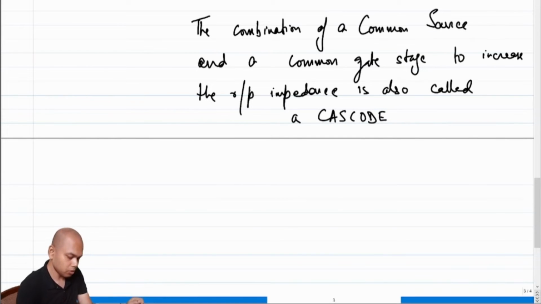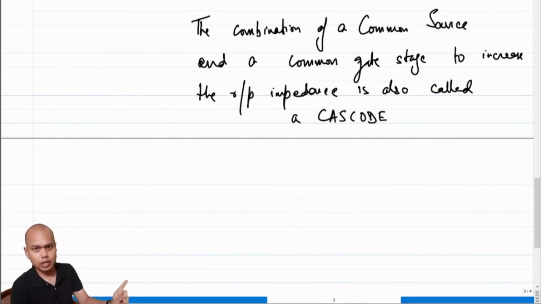Cascode. Please note the spelling is CASCODE, not cascade, the cascode configuration.